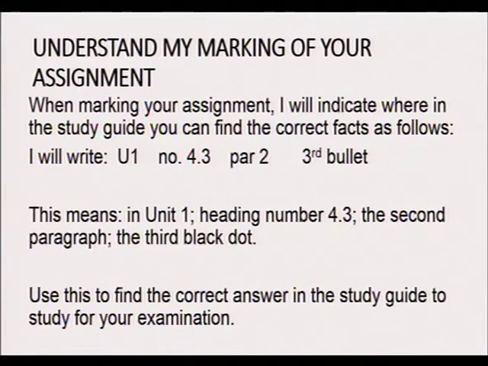Use this to find the correct answer in the study guide to study for your examination. In the level 2 and 3 questions, I will also indicate not discussed. Then you didn't give me a discussion on the facts. Or not compared. Then you didn't compare the facts. Or not critically discussed. And you will lose marks when not doing so.